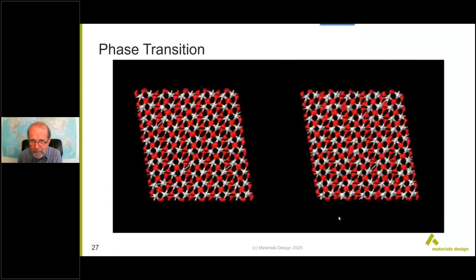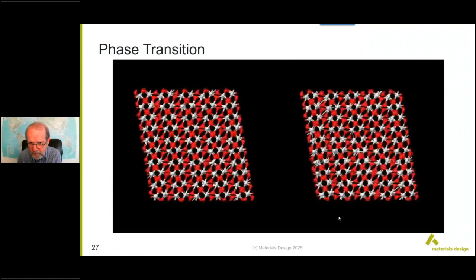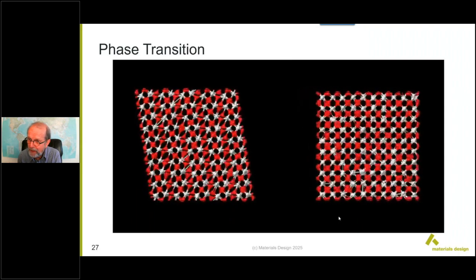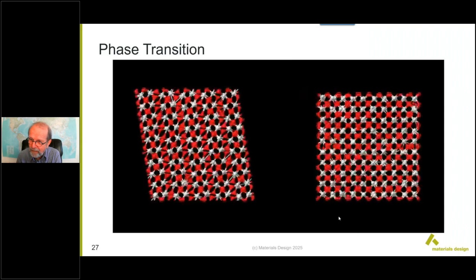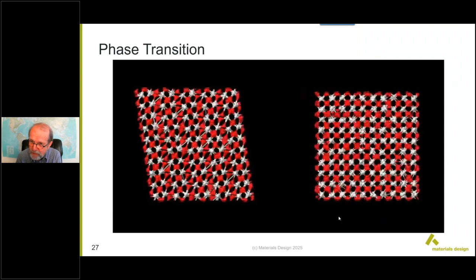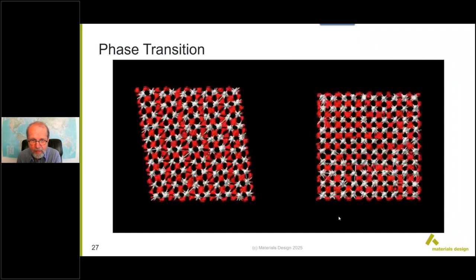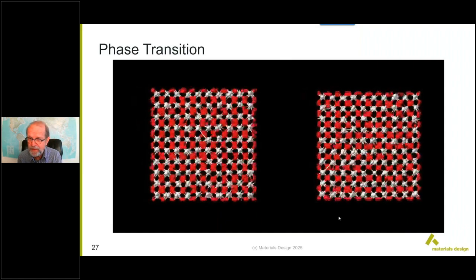This is the dynamics that comes from these molecular dynamics simulations using our MLP. What you see is that the system with vacancies transforms sooner into the tetragonal phase than the stoichiometric one.